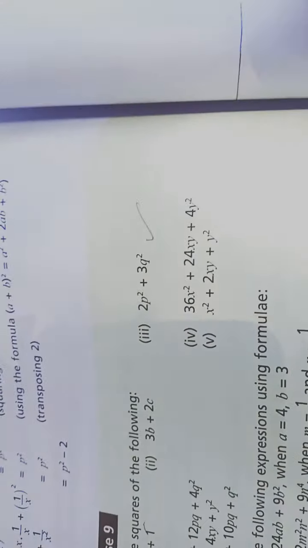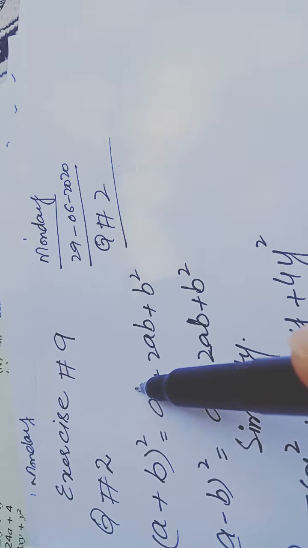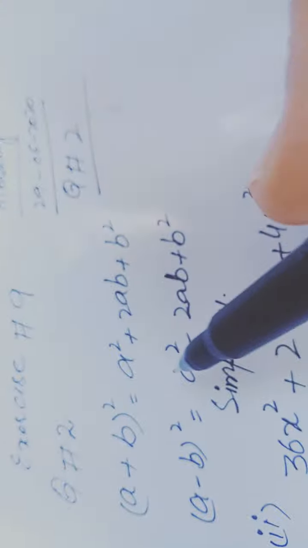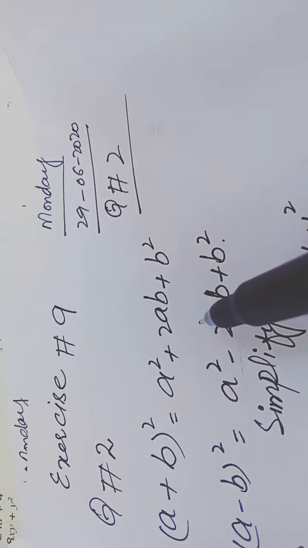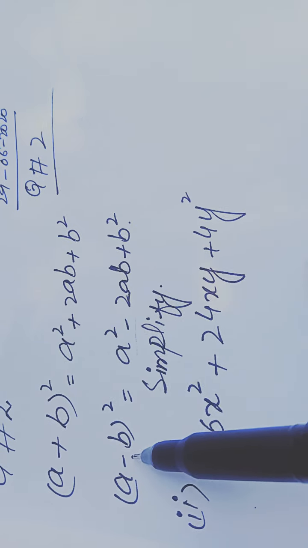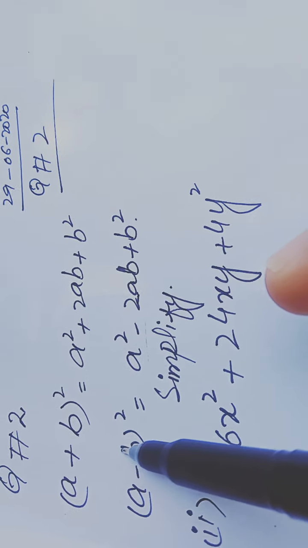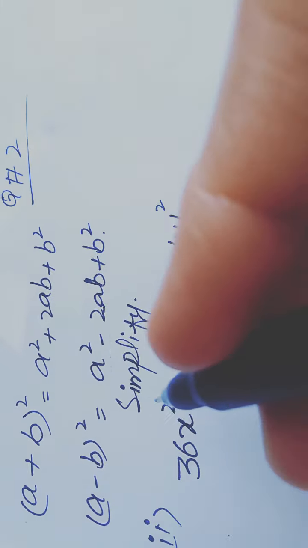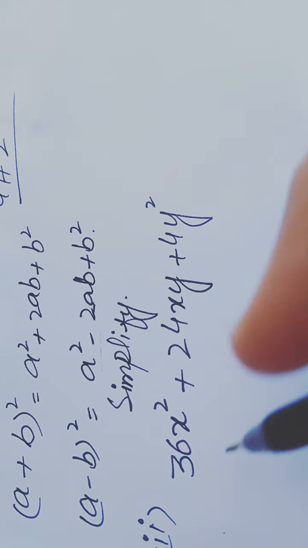If in question number 1 we convert into this form, in question number 2 this form is given and we have to take it back into the other form. For example, 36x square, 24xy plus 4y square.